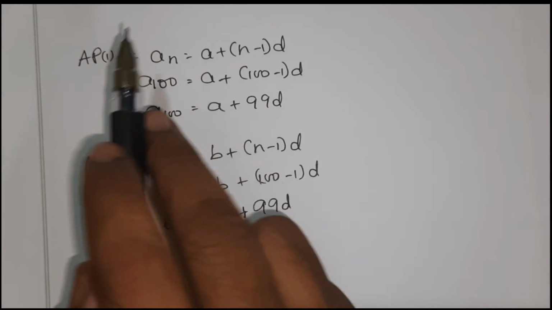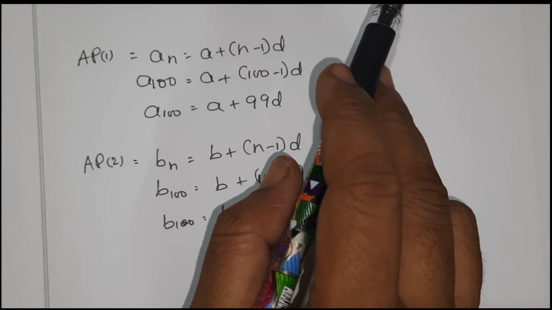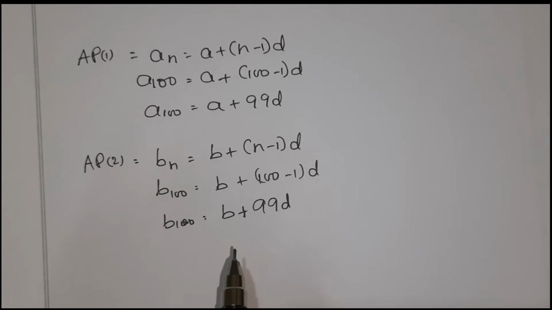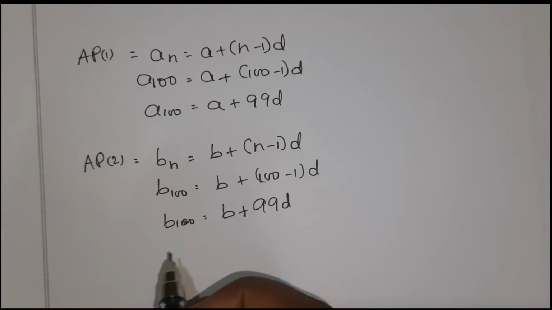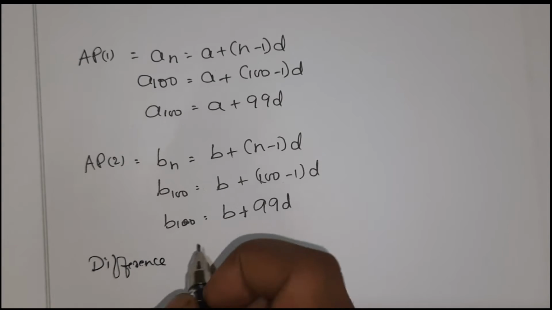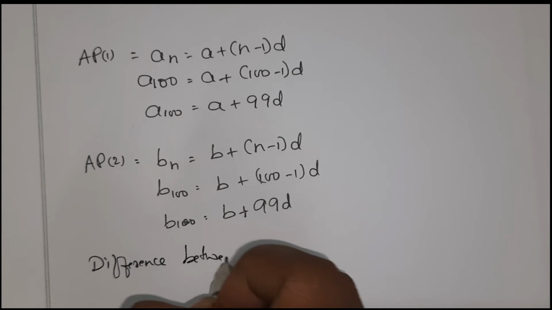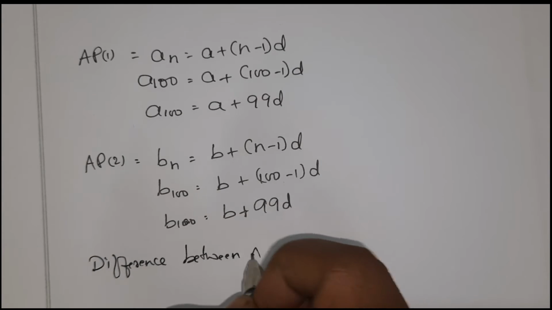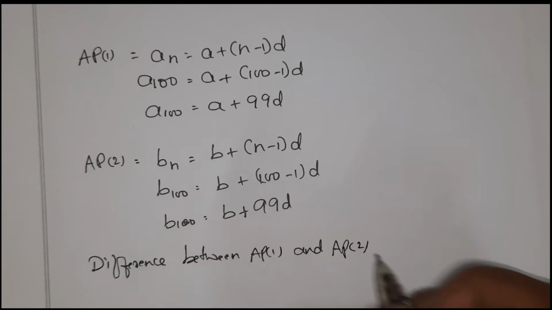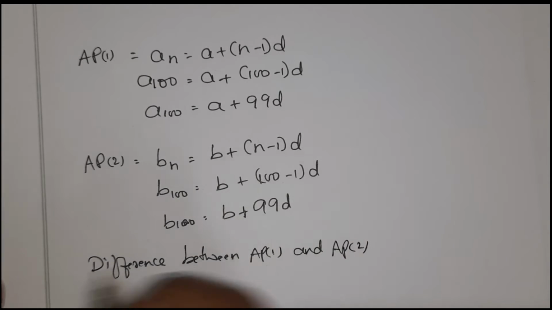And now, what is given in the question? The difference between the 100th terms of AP1 and AP2 is equal to 100.